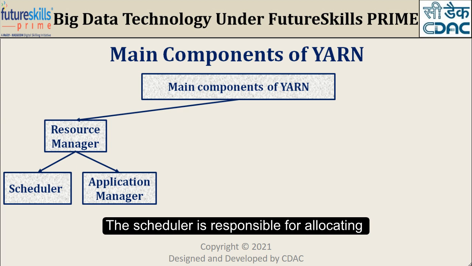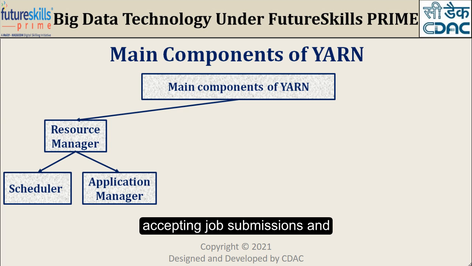The scheduler is responsible for allocating resources to the various running applications. The application manager is responsible for accepting job submissions and negotiating the first container for executing the application. It keeps track of the heartbeats from the node manager.